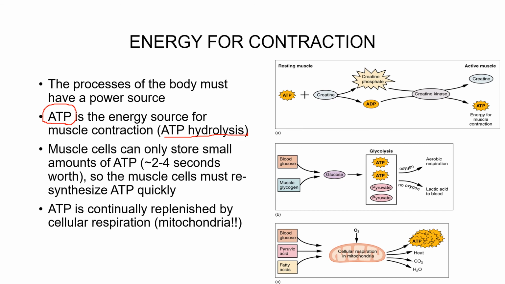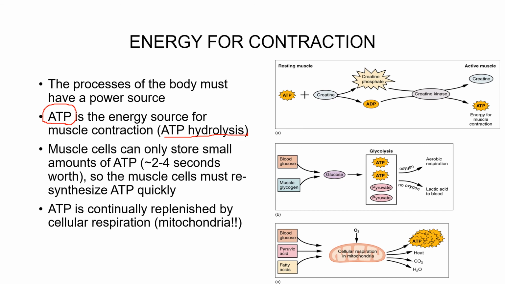So once you break that bond and create ADP, it releases energy, or the ability to have energy in the muscle cell. However, muscle cells can only store a very small amount of energy in ATP. You can see in your notes here 2 to 4 seconds worth. That's arguable. Some textbooks say it's a lot longer. It can be up to 6 to 8 seconds, and also just depending on what pathway we're talking about.